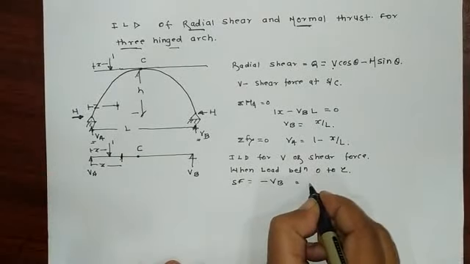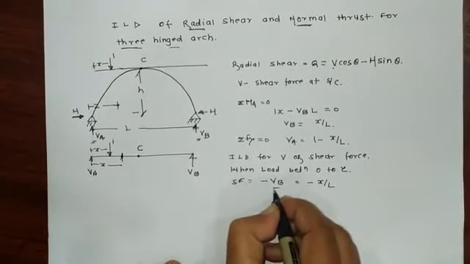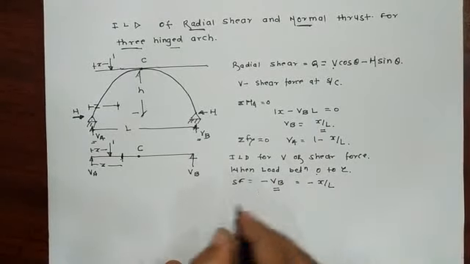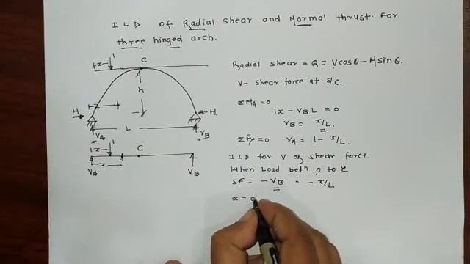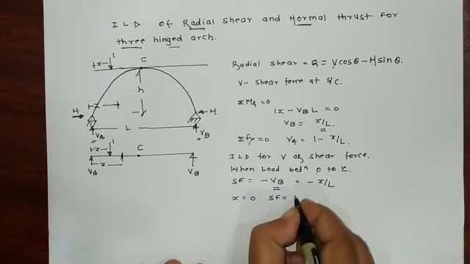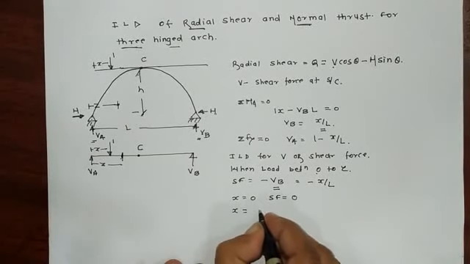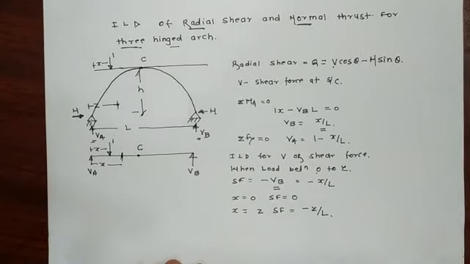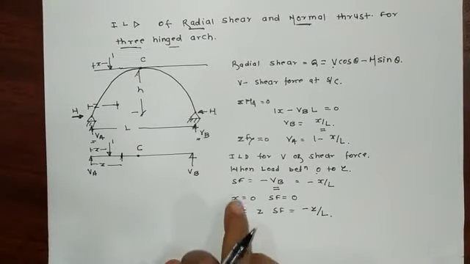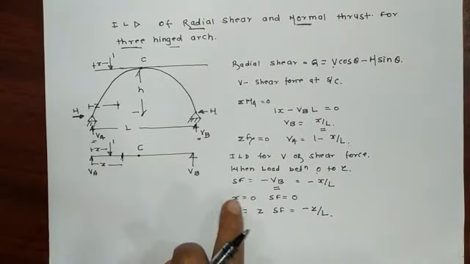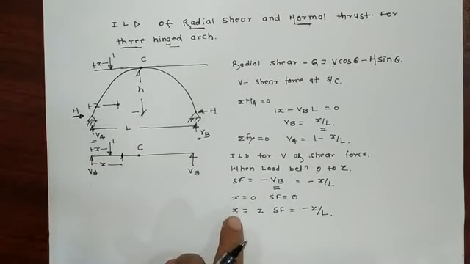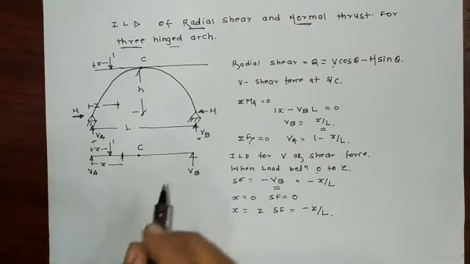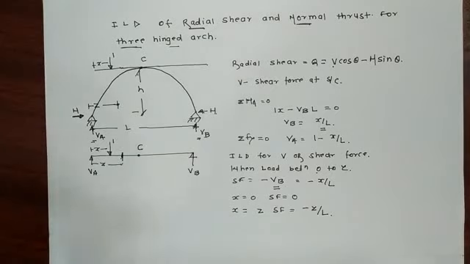So we can say that minus X by L. We know this VB is equal to X by L. So put our limit from 0 to Z. If X is equal to 0, shear force is 0, and X is equal to Z, this shear force is minus Z by L. So we got this condition from 0 to Z. Now second condition is when the load is between Z to L.